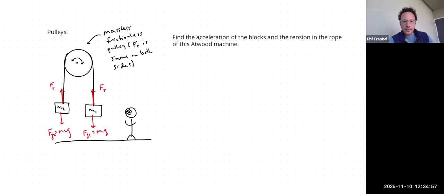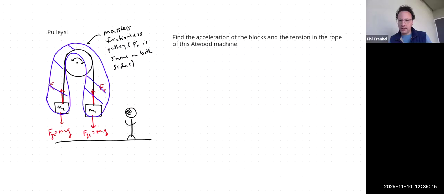Now, the best way to find the acceleration of this system is to group the two masses together as a single system. Why is this a nice thing to do?